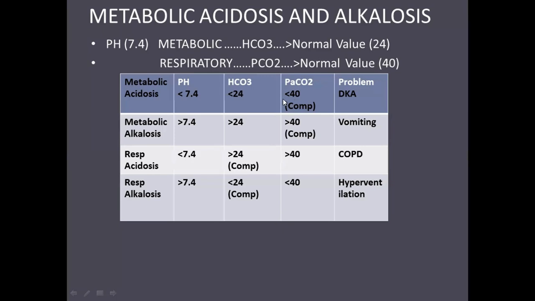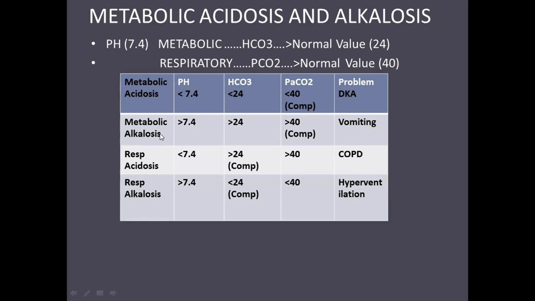So in response to hyperventilation, your partial pressure of carbon dioxide decreases from 40, to less than 40; they will give either 26 or 30. And it's the problem with diabetic ketoacidosis. I will explain how diabetic ketoacidosis results in metabolic acidosis. First, just know the values.